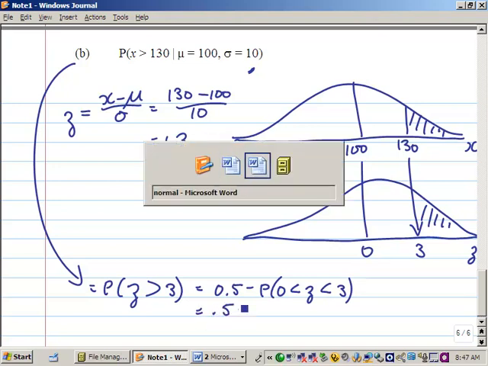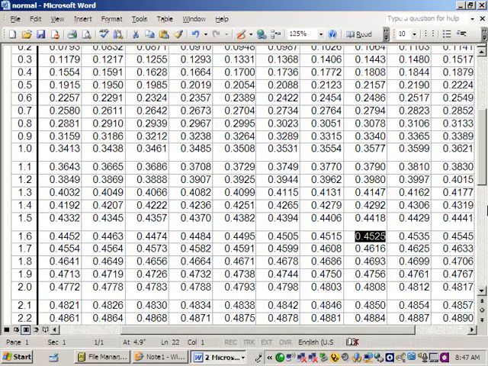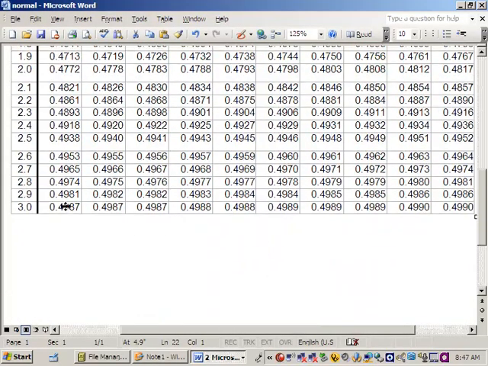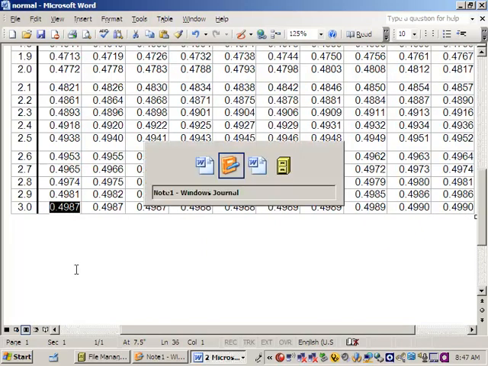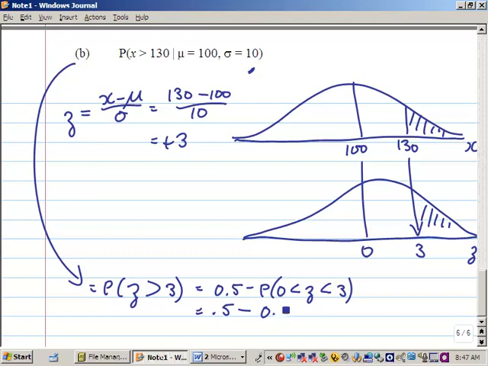So let's go to our tables and look up probability between 0 and 3. Okay, and that's 0.4987. The answer to that is 0.0013.